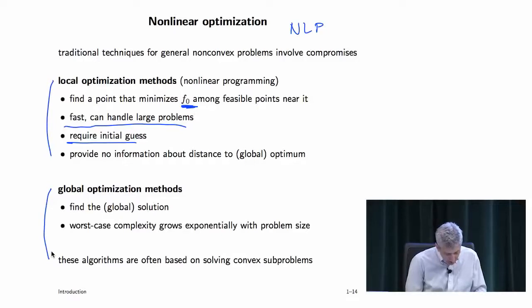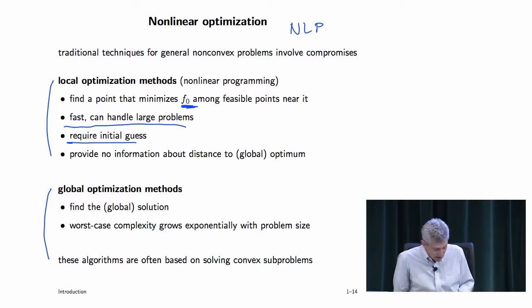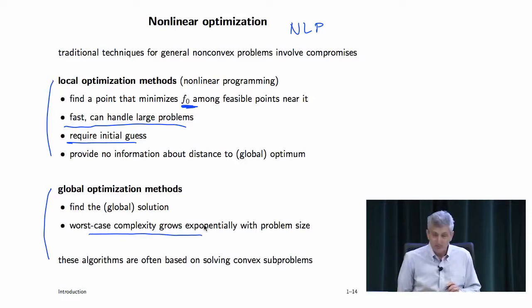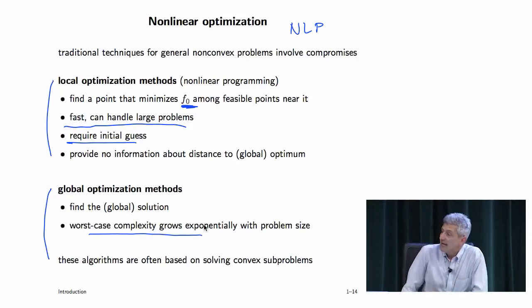All right. Now the other option is to do this: you actually solve the problem. You get the absolute best. But now you will have to sometimes accept very long computation times, right? In this case, the worst case complexity in theory grows exponentially with problem size, and actually fairly often in practice.